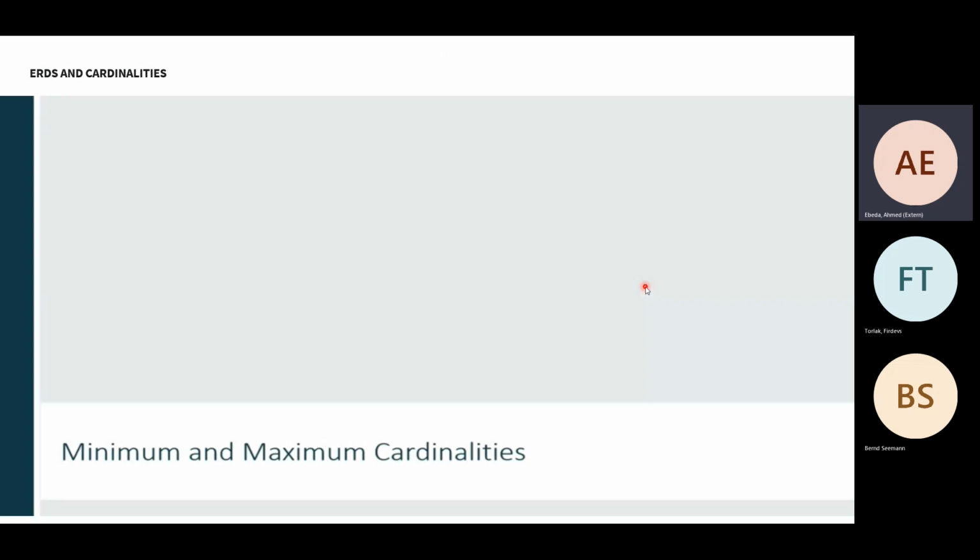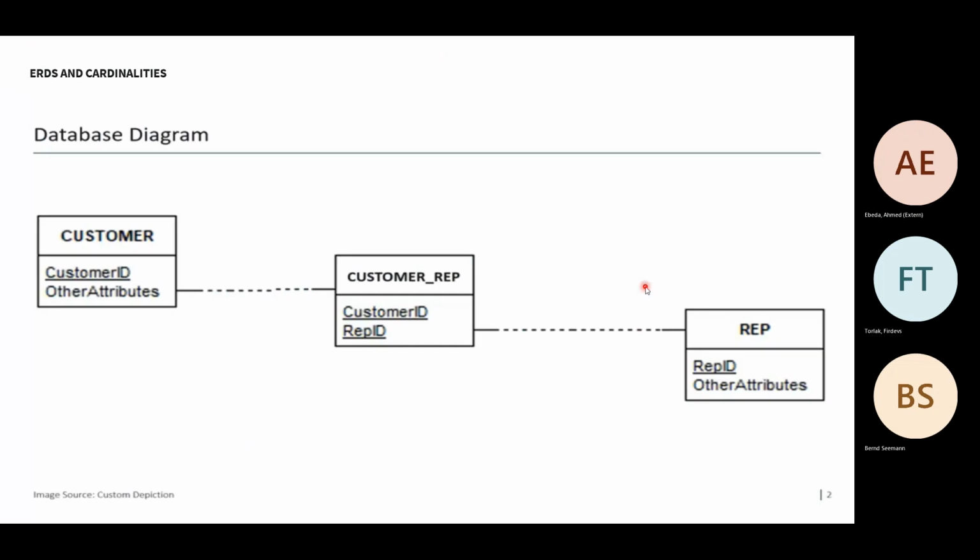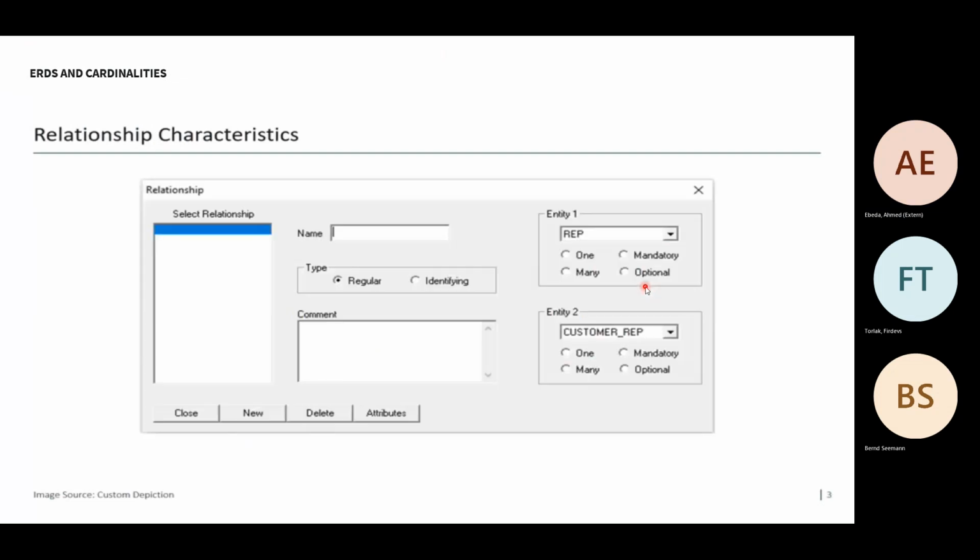Relationships among tables are characterized by several properties, of which the minimum and maximum cardinalities are among the most significant. In relational databases, data is distributed over several tables, and there are relationships created among these tables. In order to preserve the data integrity within the database, we need to specify some characteristics of each relationship.